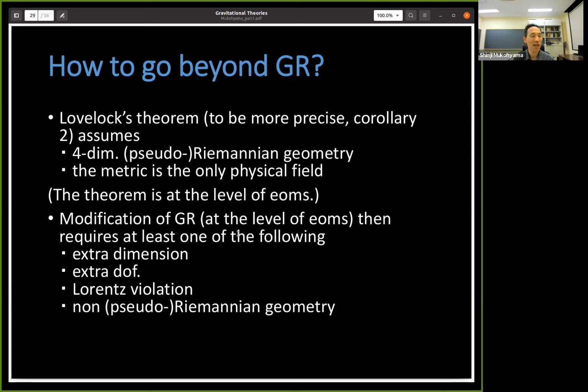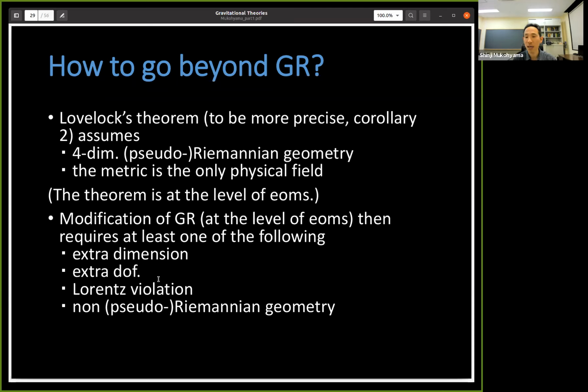Actually, I worked on this for the Einstein Gauss-Bonnet, and the only way to have a theory with 2 degrees of freedom is this one. We need to break time diffeomorphism, and then we can find the theory with 2 degrees of freedom. Otherwise we need to introduce an extra degree of freedom.